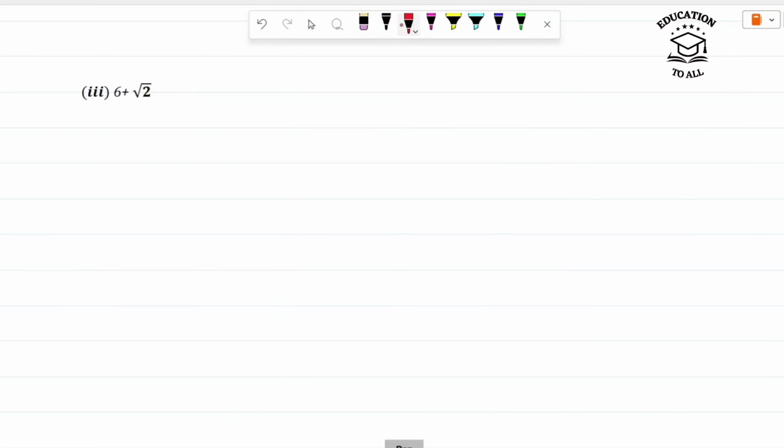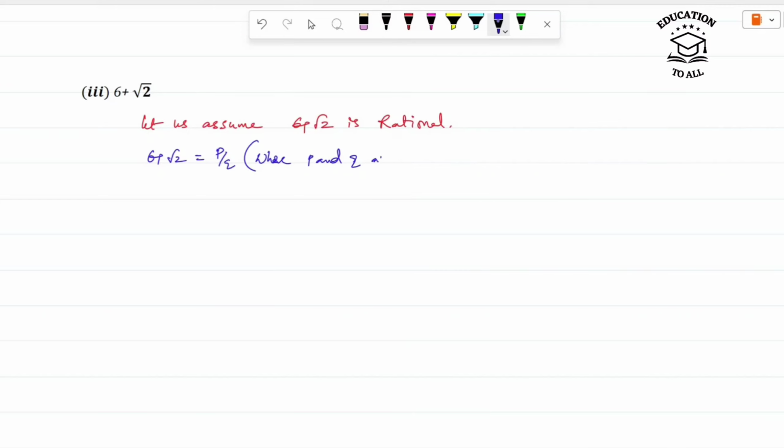Now Roman number 3. So it is 6 plus root 2. How to prove it? So first let us assume 6 plus root 2 is rational. If it is rational, it can be expressed as p by q. So 6 plus root 2 is equal to p by q, where p and q are integers and co-primes.